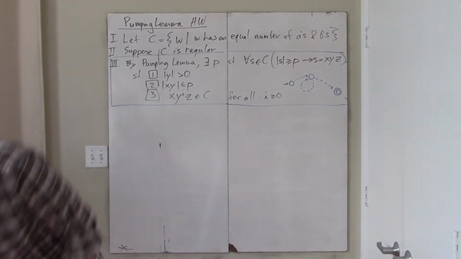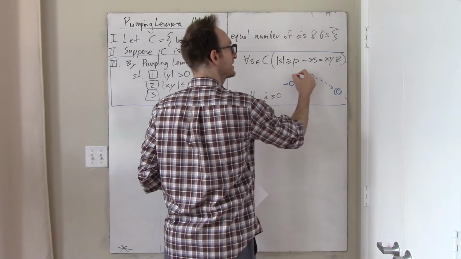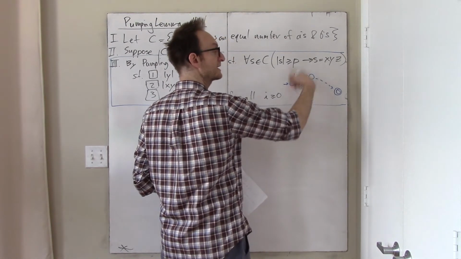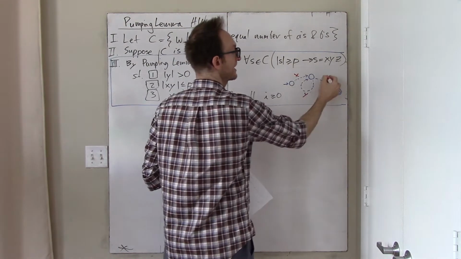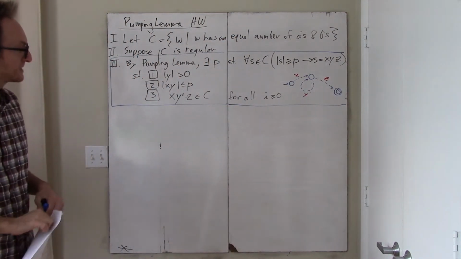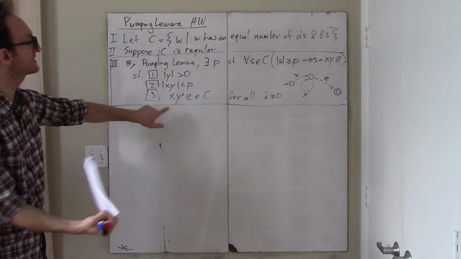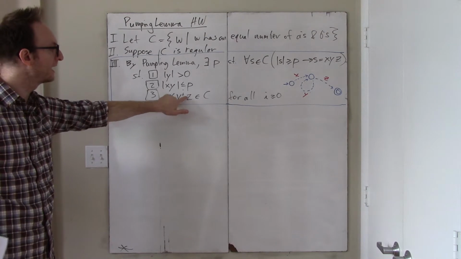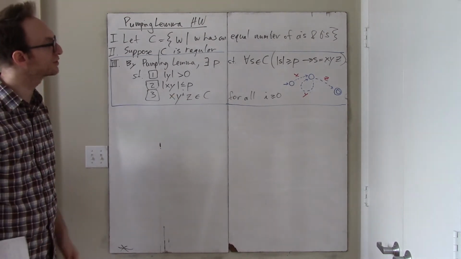So what is x? X is the piece of the string that gets processed before we hit the repeat state. Y is the part of the string that gets processed in between, and z is the rest. This is the whole thing. The real content of the pumping lemma is this one, which says we can now pump this string.